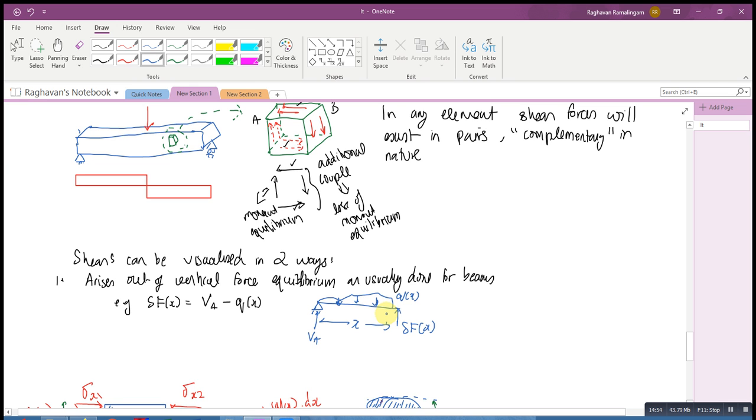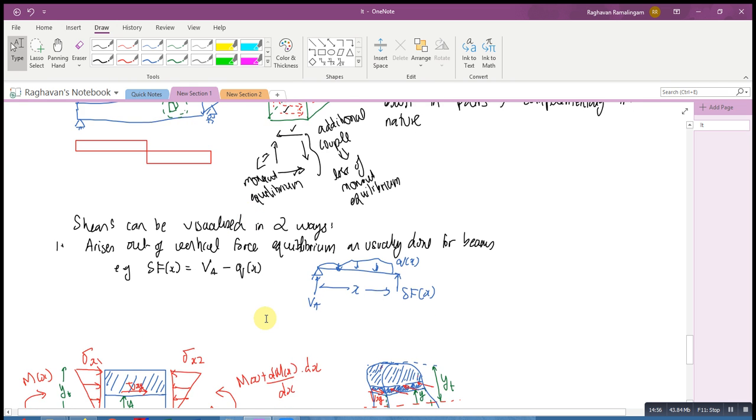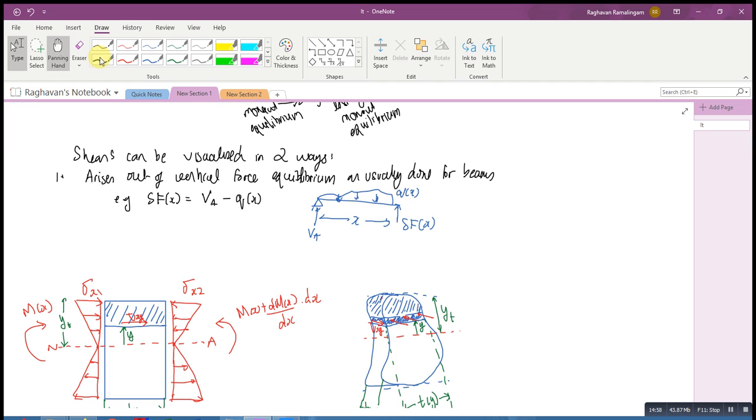Okay, so this is the general way how we find shear forces for beams, and so this is one way of visualizing the shear forces.